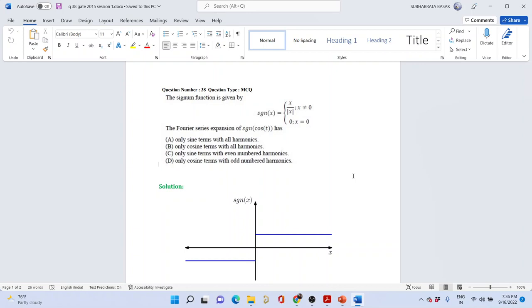Yes, you are saying option A, right? Okay. Anybody else? So why are you saying A, Anubhav? Odd nature. Okay, nothing else, just odd nature.